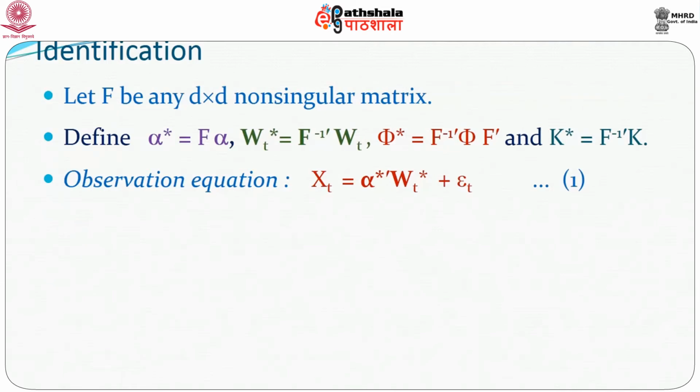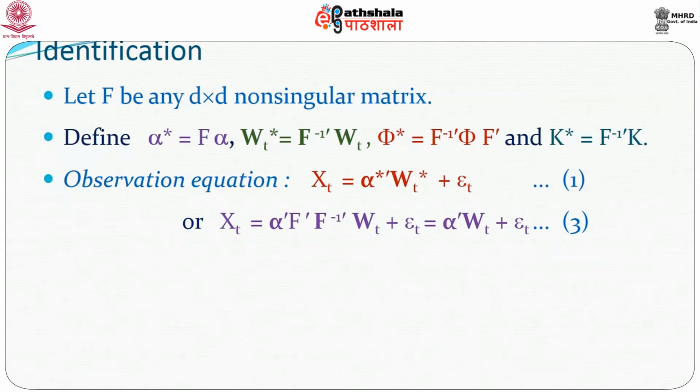So suppose we write it this way and call this equation 1. But see that alpha star is F times alpha, and therefore it's alpha prime F inverse prime Wt plus epsilon t. So this translates to xt being equal to alpha prime Wt plus epsilon t.